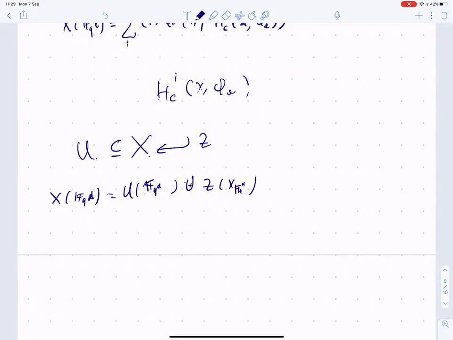Can't Z be non-smooth? It could be singular, I'm sorry. If you start with X, which is smooth, Z can be singular. Of course. What I was trying to say is that it tends to destroy properness. You're right that if X is smooth, you might remove from it something which is non-smooth.